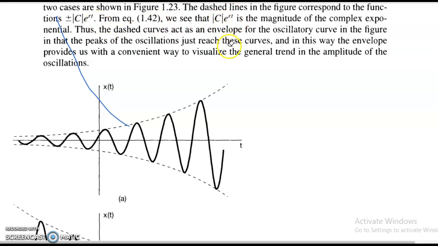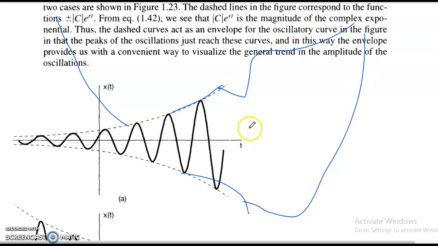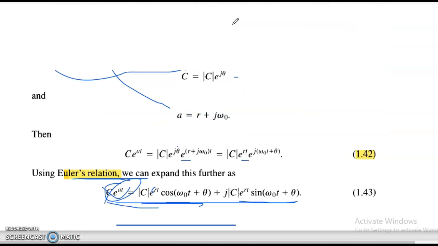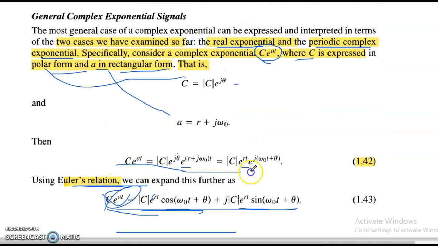So we see that mod c e power rt is the magnitude of the complex exponential, from equation 1.42: mod c e power rt times e power j of omega naught t plus theta.